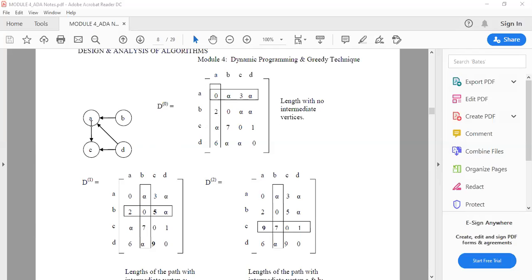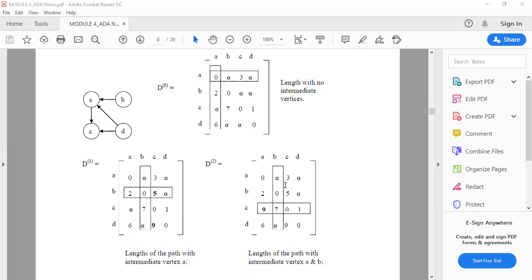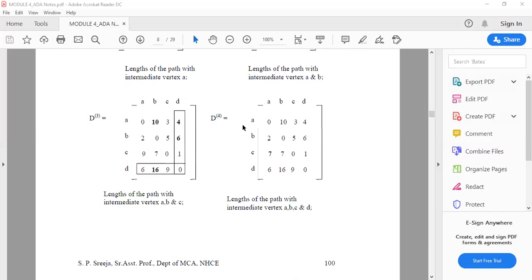If there doesn't exist an edge, the value will be infinity, and there is no cycle, so A to A, B to B, C to C, D to D, it's 0. And if you come to the fourth vertex, D4, the fourth vertex acts as the intermediate vertex, and you can see that these are the lowest costs in this particular problem.